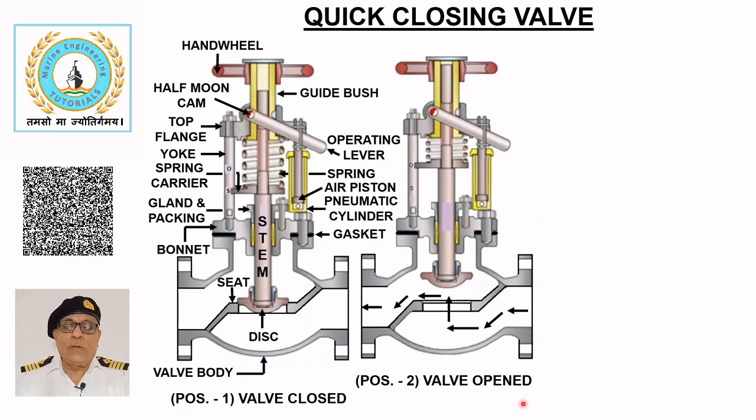Position 2 shows the quick closing valve in open condition when the tank contents start to flow out as shown. This position is obtained from the manually closed condition by keeping the operating lever pressed, which engages the half moon cam with a groove in the guide bush, and turning the hand wheel anti-clockwise completely until the spring carrier indicates open position from shut to open.